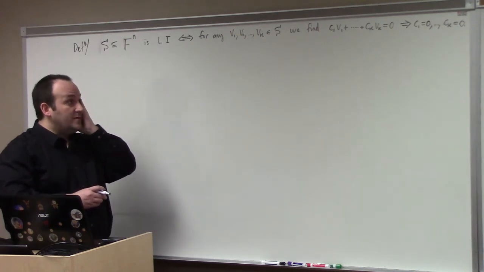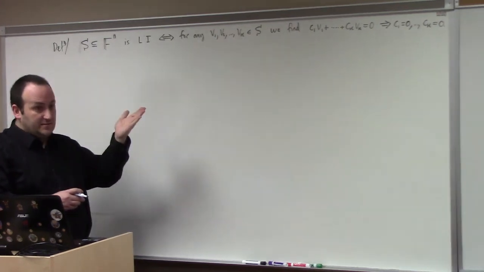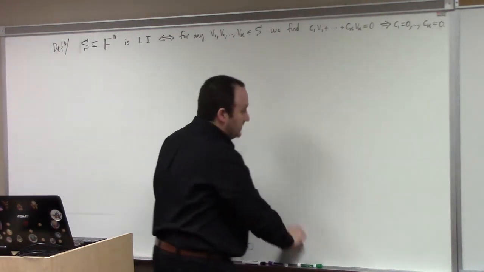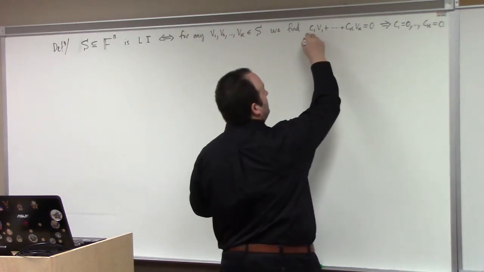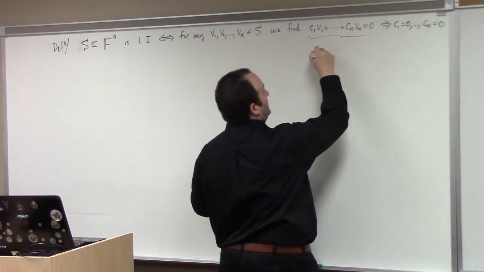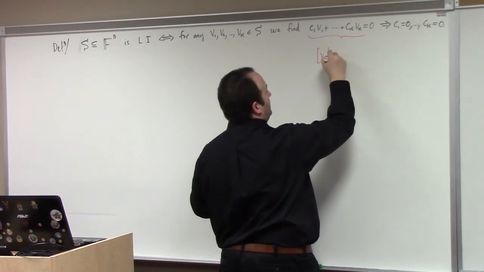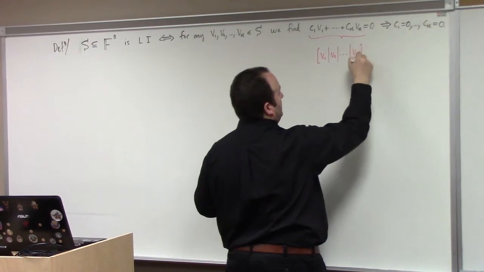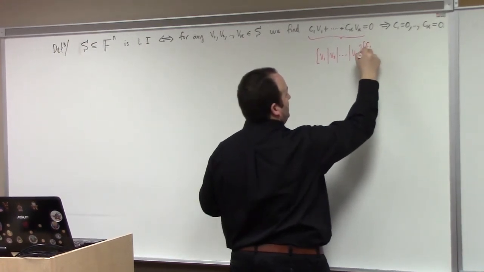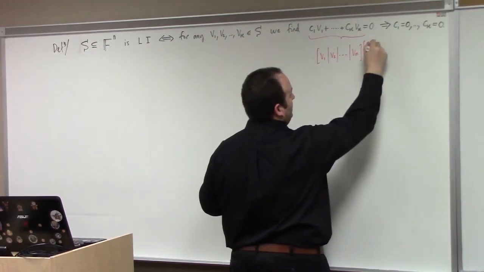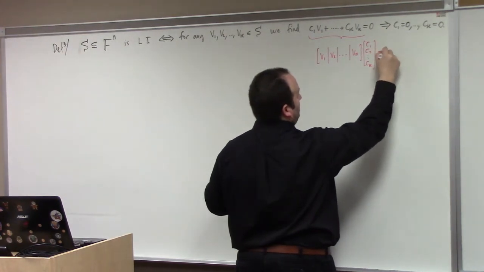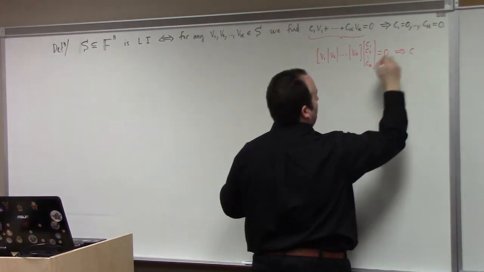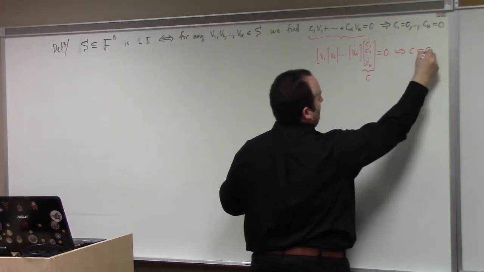Computationally, you can check this. This is equivalent to the problem: I'm looking to solve the matrix with columns v1, v2, ..., vn times the vector c1, c2, ..., ck equals 0 implies, if I call this thing c, that c equals 0.